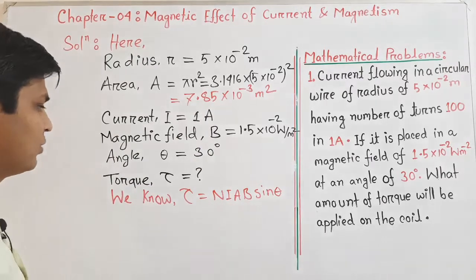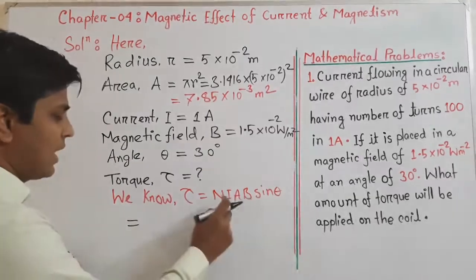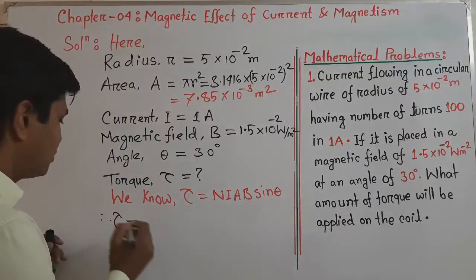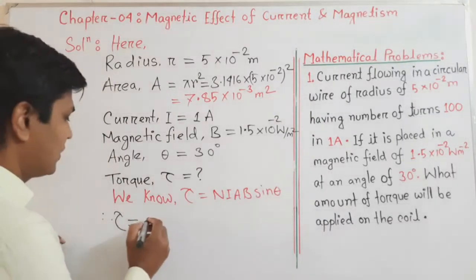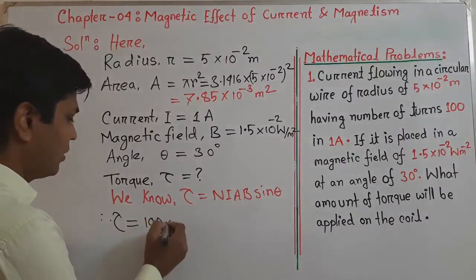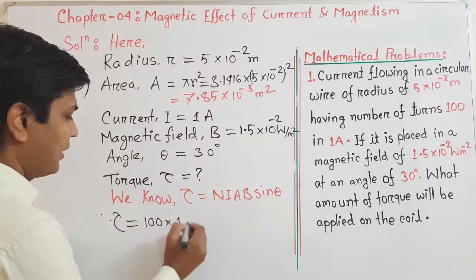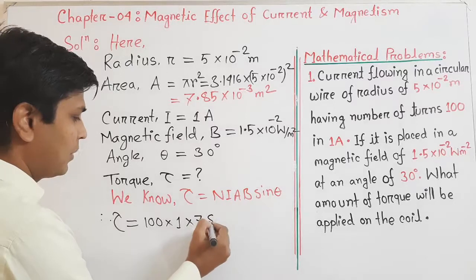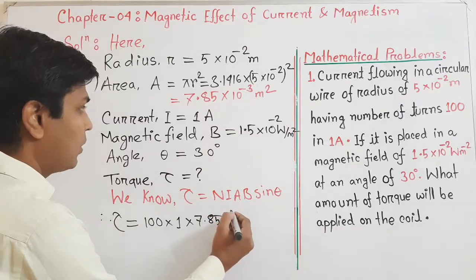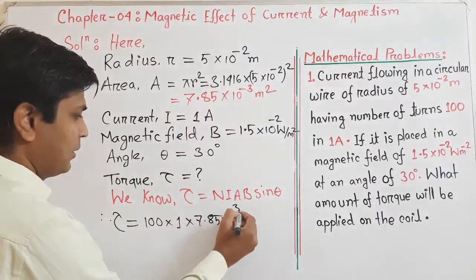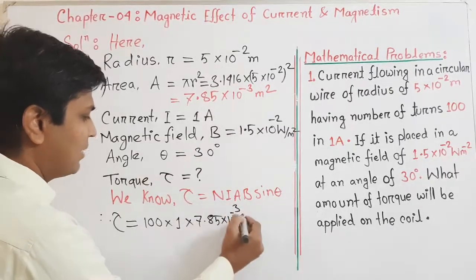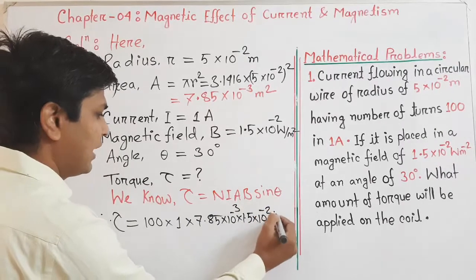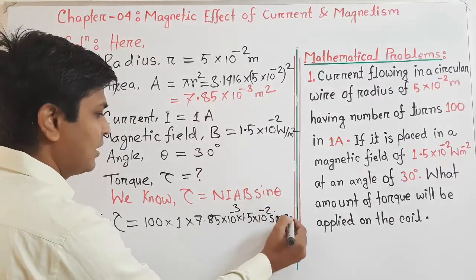Now if we put the values of n, I, A, B and theta, torque tau equals n is 100, I is 1 ampere, area A is 7.85 into 10 to the power minus 3, B is 1.5 into 10 to the power minus 2, sine of theta, which is 30 degree.